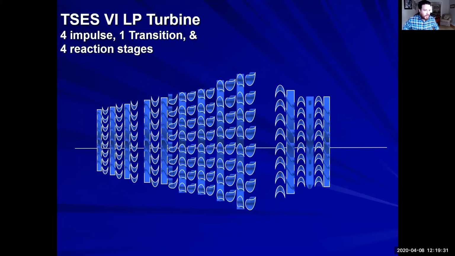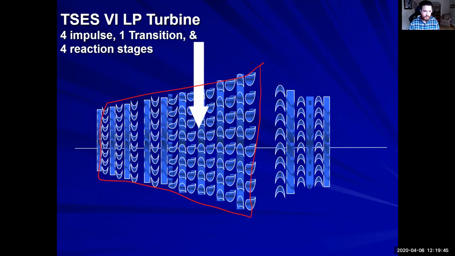Now let's look at the low pressure casing. We have 4 impulse, 1 transition, and 4 reaction. That is all this side right here. This is all utilized for head steam, and only head steam.